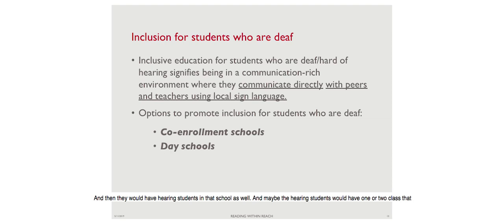Maybe the hearing students would have one or two classes that are separate, where they're orally taught. And in that classroom, maybe they would have an interpreter in the back of the room to be able to voice for the hearing students. But the primary mode of communication is going to be sign language.